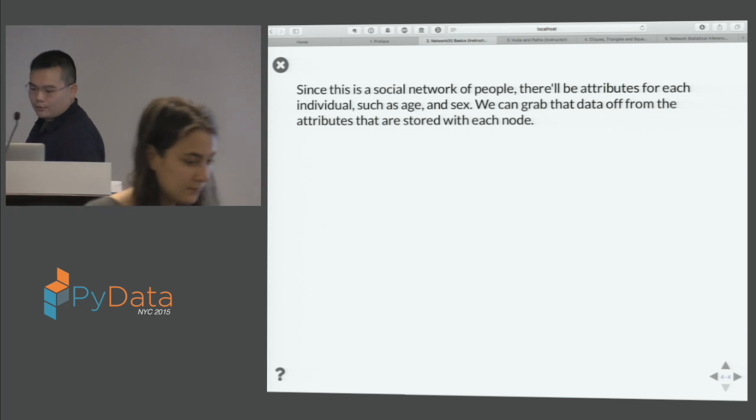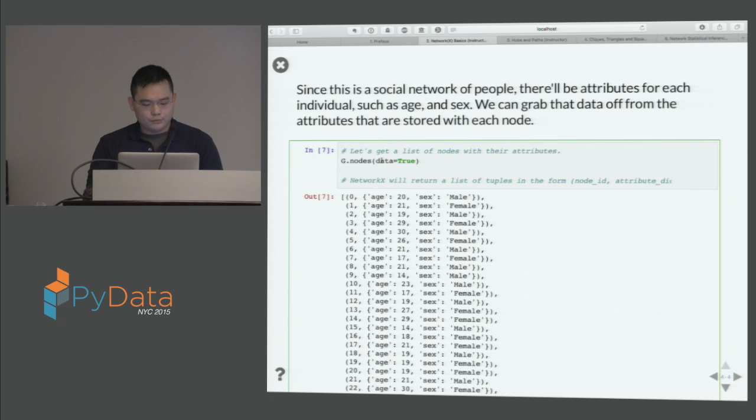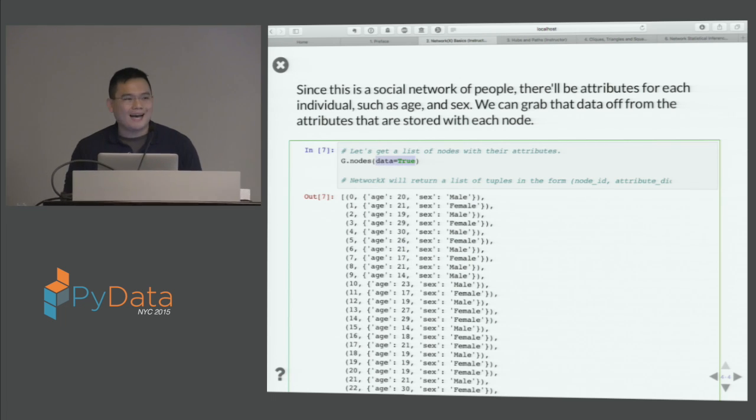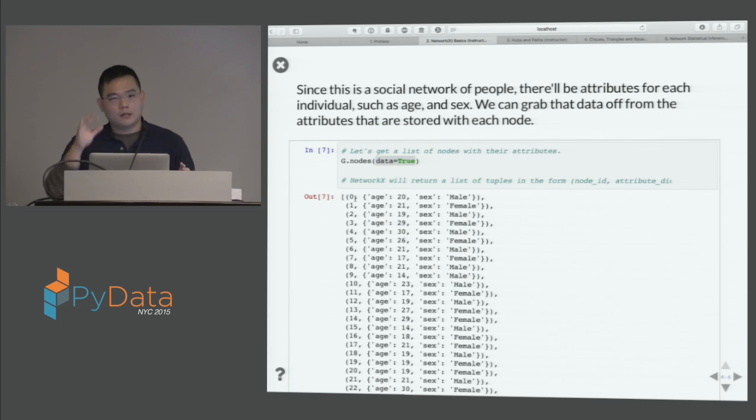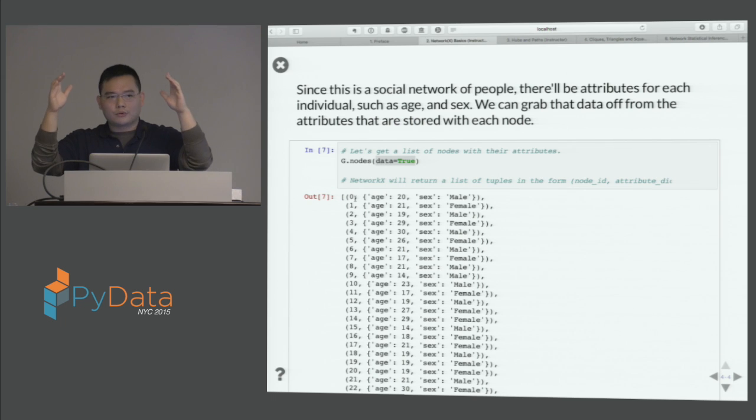In the NetworkX API, if you do g.nodes and pass in the parameter data=True, you'll get a list of two-tuples in which the first element is the node, and the second element is a dictionary of all of the metadata stored for that node. If you run that cell, that's what you'll get.